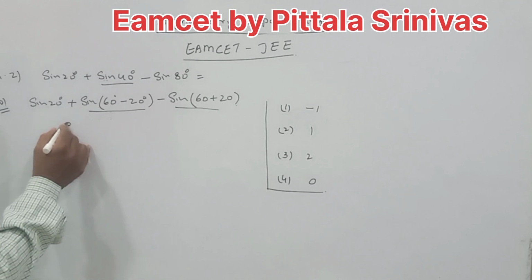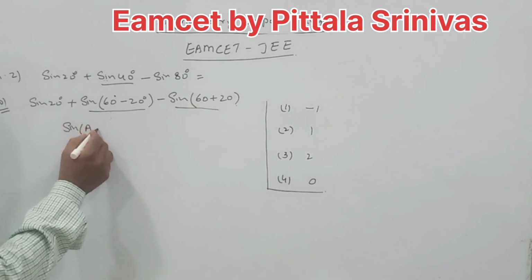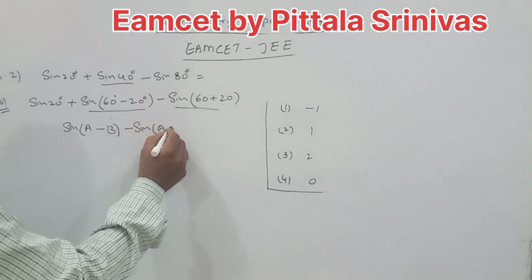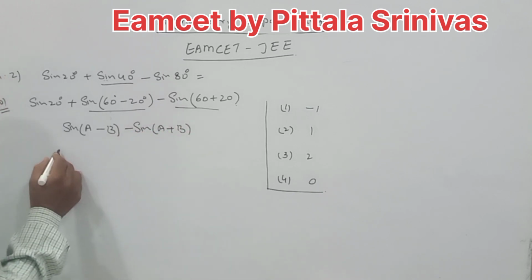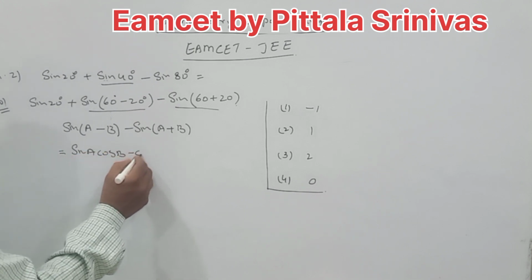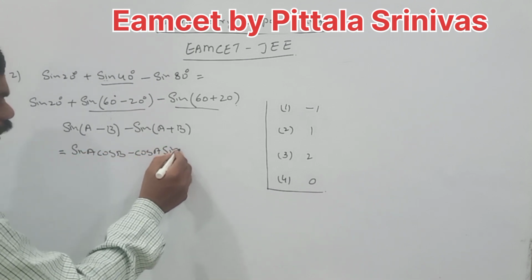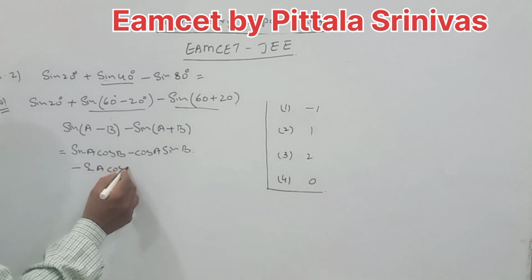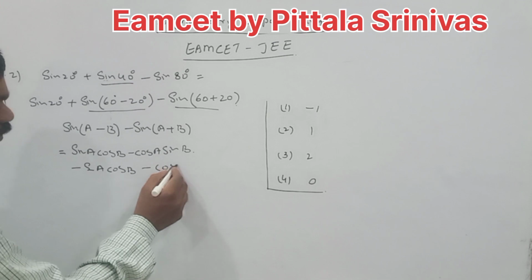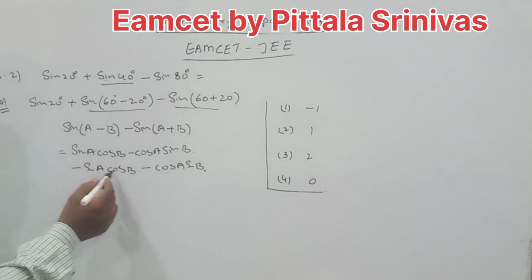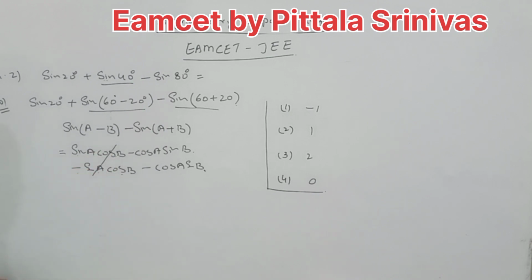Observe here, sin of (a minus b) minus sin of (a plus b) is equal to what? This is sin a cos b minus cos a sin b minus sin a cos b minus cos a sin b. So here you observe that sin a cos b and sin a cos b, these two are cancelled.